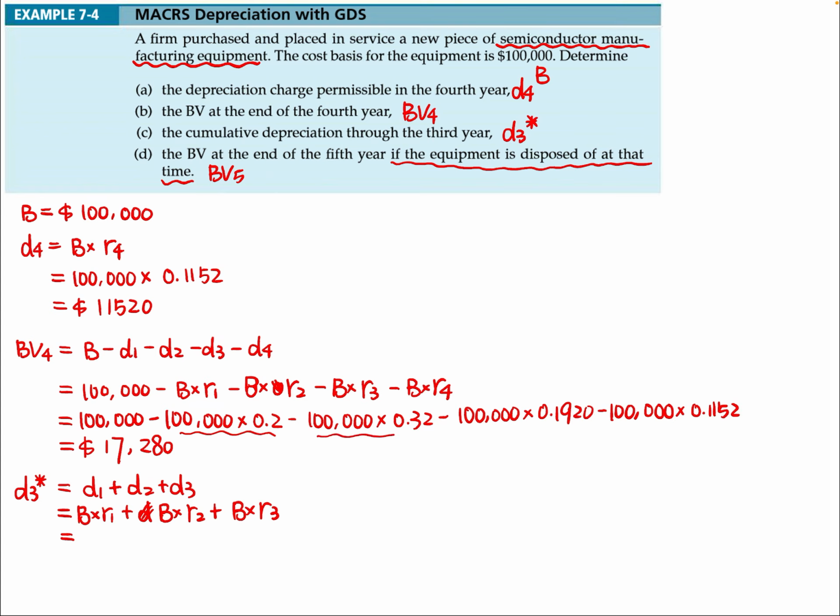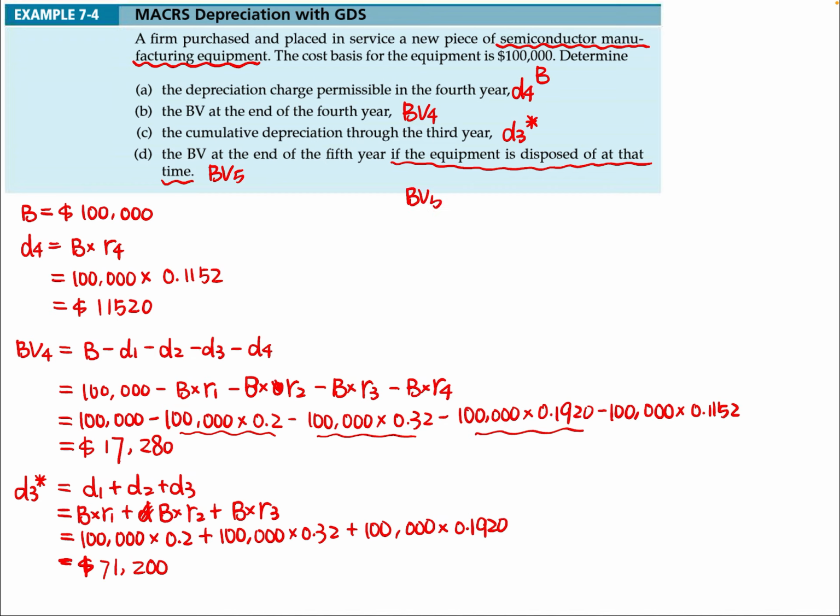And we just find this here, so you just copy that over here without the negative sign. And that is 71,200.